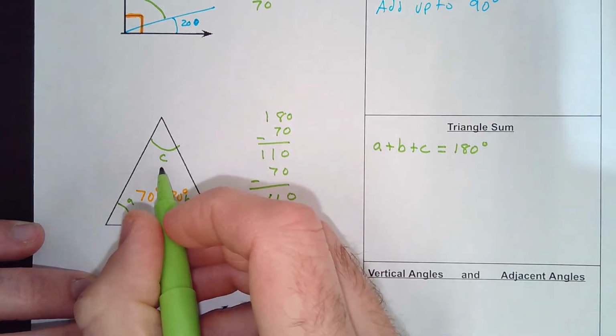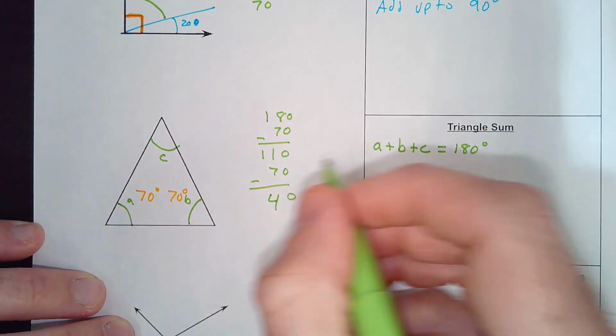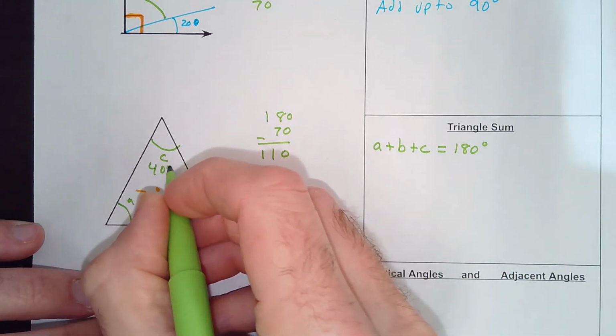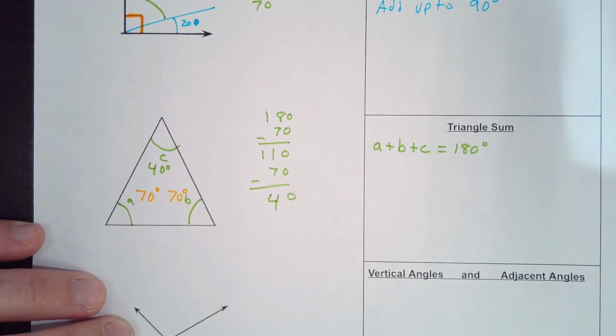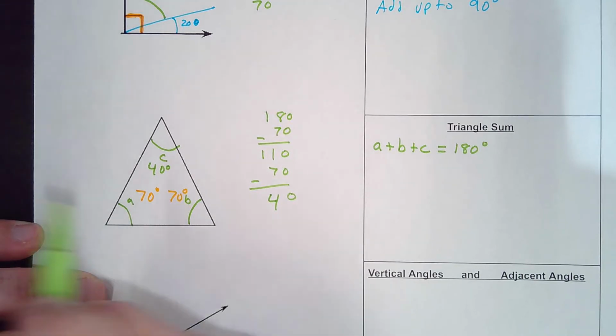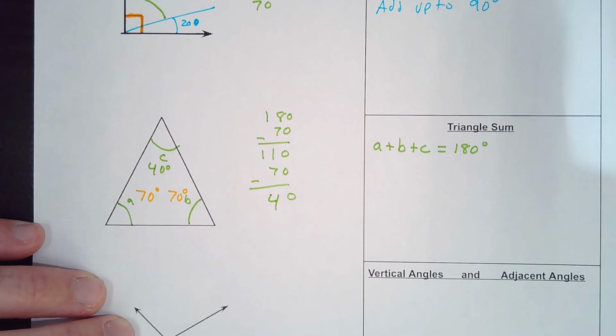So this angle up here would be 40 degrees. So just remember, anytime you see a triangle, all three of the angles in a triangle will add up to 180 degrees every time.